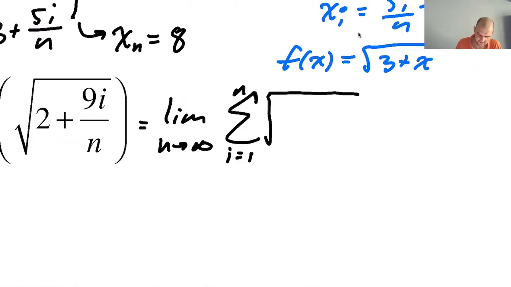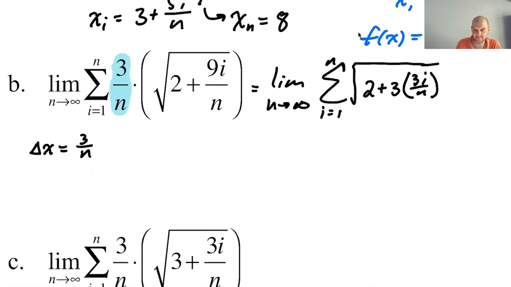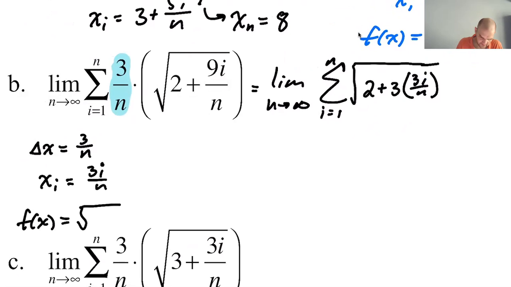I'm going to rewrite it so that I can see delta x. So 2 plus 3 times 3i over n. Okay, so I'm going to say that x sub i is 3i over n, and that means that f of x is the square root of 2 plus 3x. So I chose my x sub i to be 3i over n.